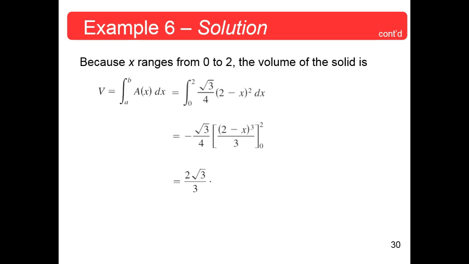Yeah, 2 cubed is 8 over 3. Okay. The minus, because you're doing this, that wipes this out. Square root of 3 over 4, 8 over 3. Gets the same thing.